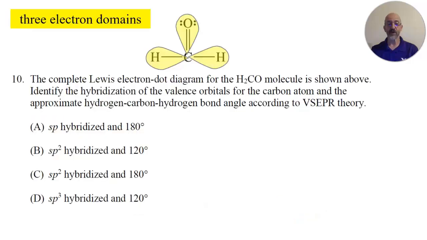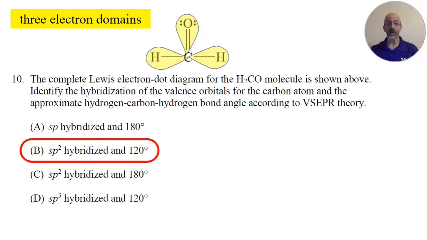So the correct answer to question 10 is sp2 hybridized and 120 degrees for the hydrogen-carbon-hydrogen bond angle. Again, just because that bond angle looks like it might be linear, the actual Lewis diagram does not necessarily reflect the molecular geometry, so be careful about that. It's not 180 degrees, it's actually 120.